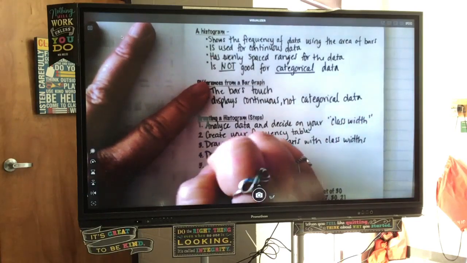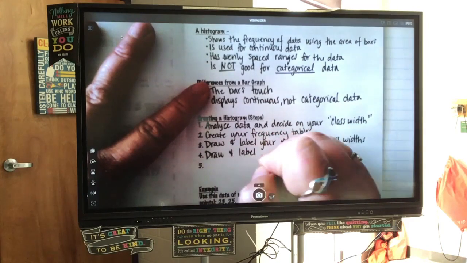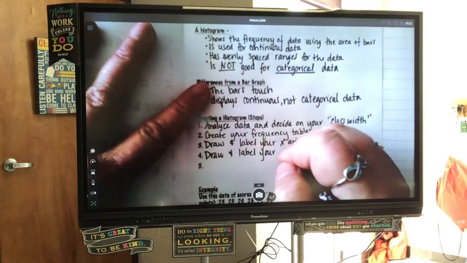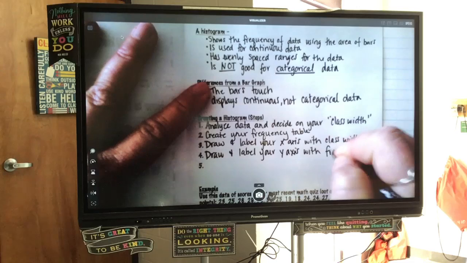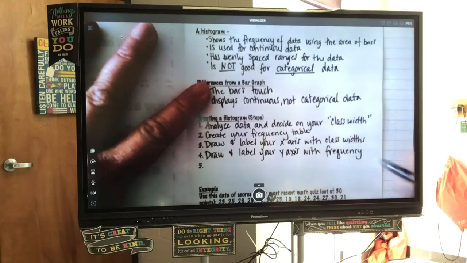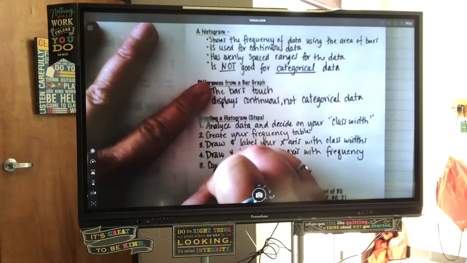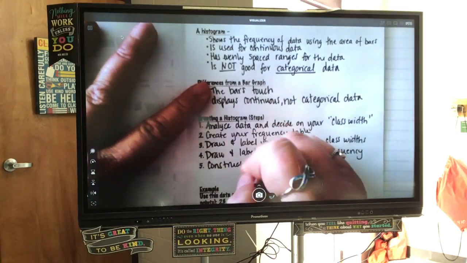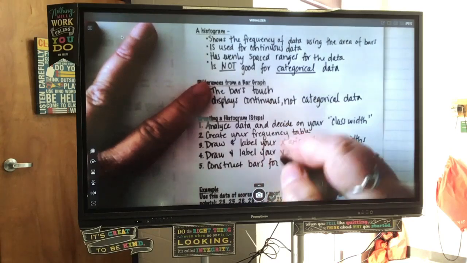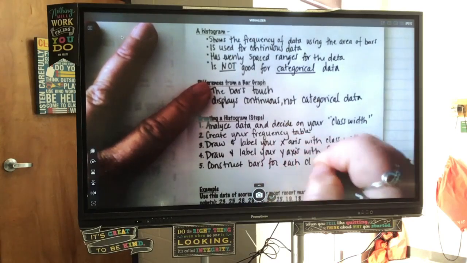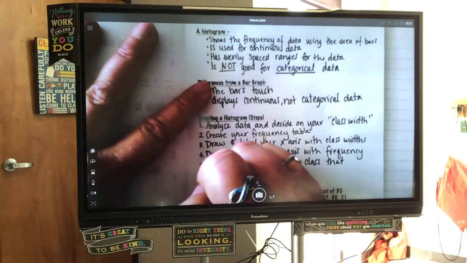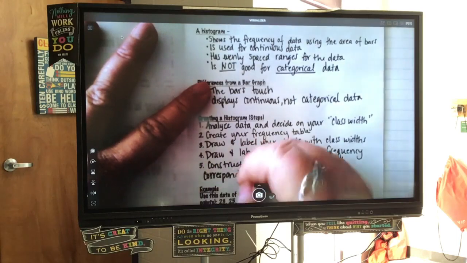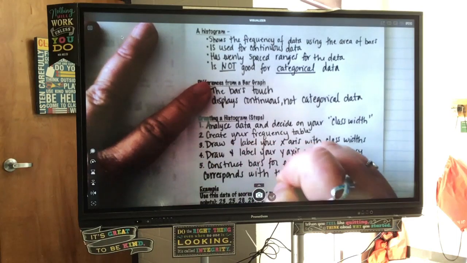Step number 4, draw and label your y-axis with your frequencies. And then step number 5 is you're going to construct bars for each class that corresponds with the frequency table.